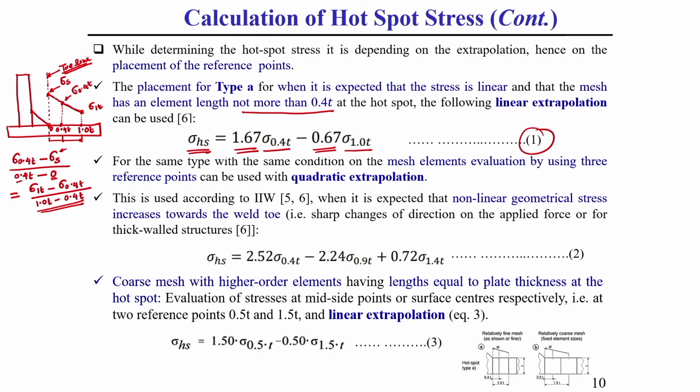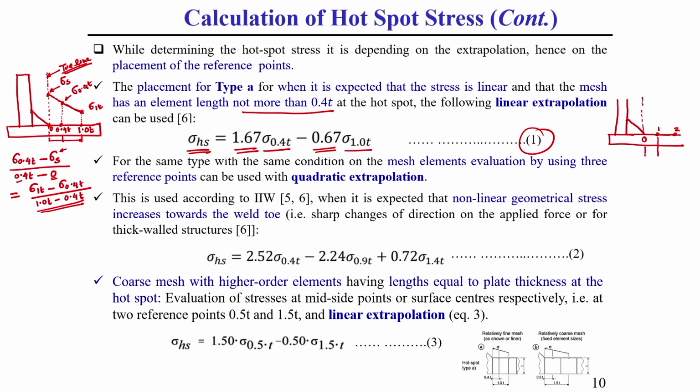Okay. So, linear extrapolation we can represent in a very simple equation. One simple equation I am writing, this equation you can also use. This is the generalized equation. This is point 1, this is point 2.